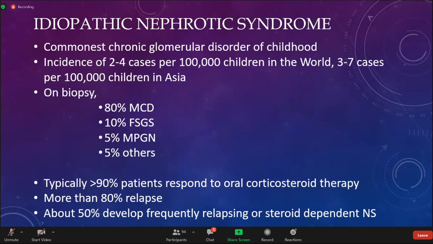Relapsing is a common nature in this disease. About 80% of children relapse, and 50% of children develop frequent relapsing or steroid-dependent nephrotic syndrome. Means that there will be a category of about 50% of children who may need second-line medication to counteract the steroid toxicity.